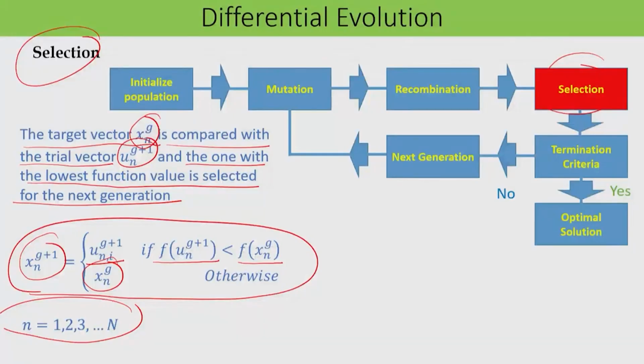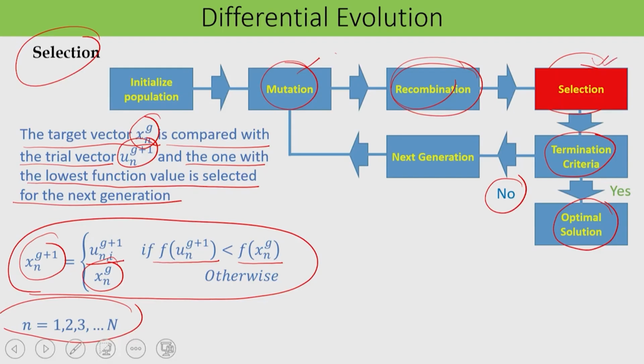So, we are selecting the better one, and then we will check the termination criteria. If it is satisfied, we will declare the optimal solution, or if it is not satisfied, then this process will continue. Again we will go for mutation, then recombination. In mutation we create a donor vector, and using the donor vector and the target vector we get the trial vector, and then the trial vector and the target vector are compared in the selection step, and the better one is taken.